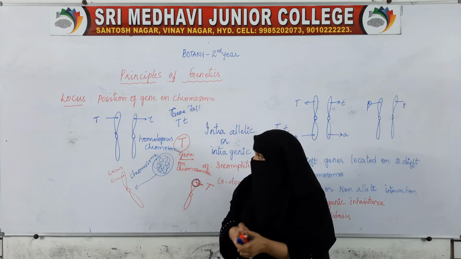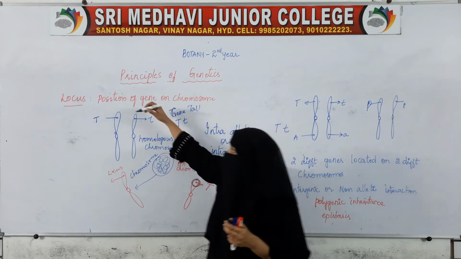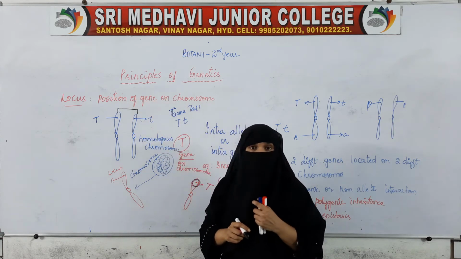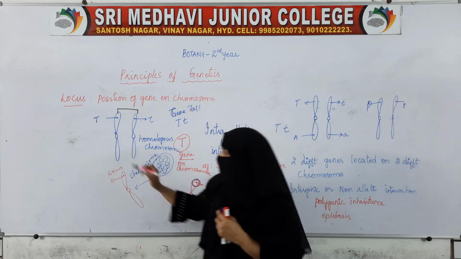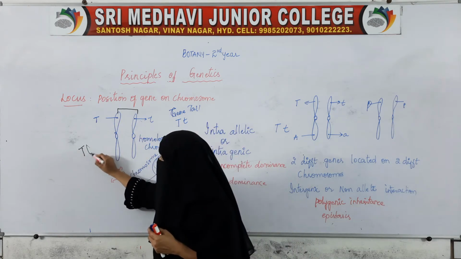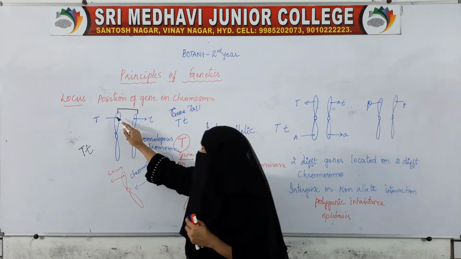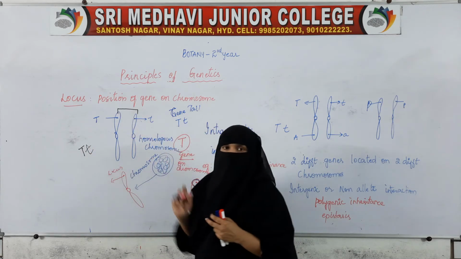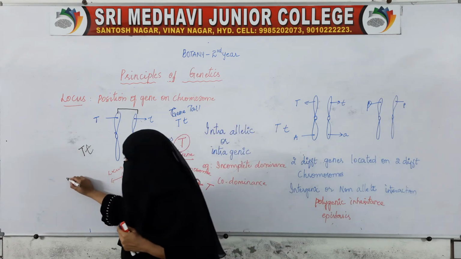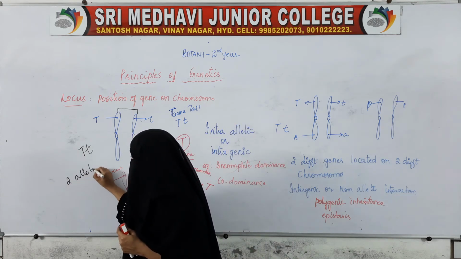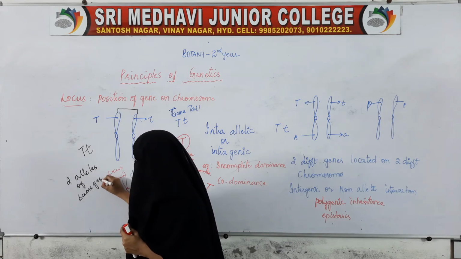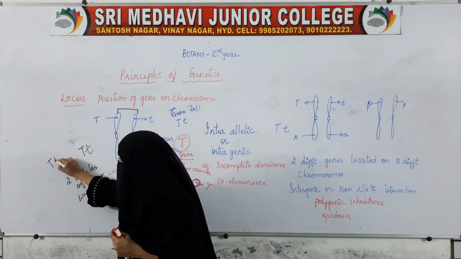So if there is interaction between these two alleles, capital T and small t, that is interaction between two alleles of the same gene, because one gene will have two alleles.